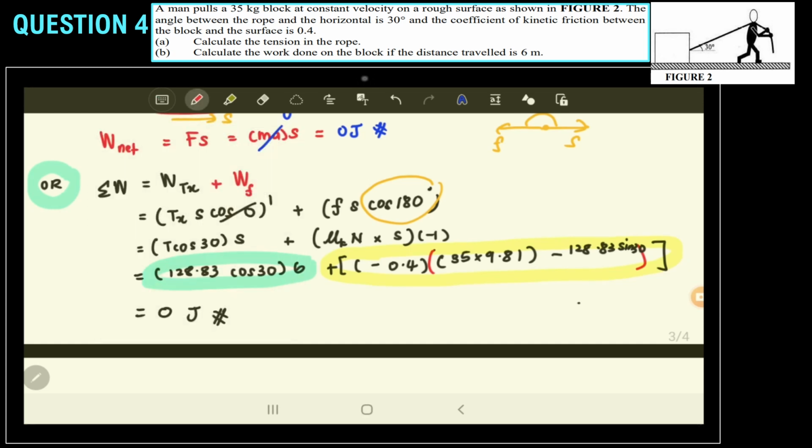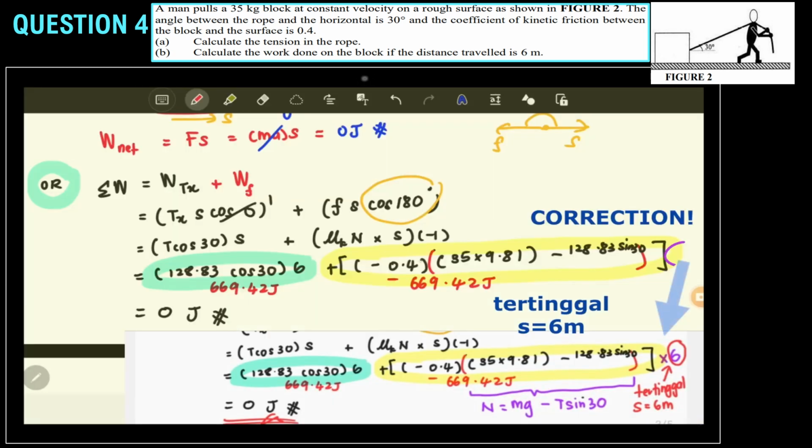Okay, so ini awak akan dapat, okay, 128.83 cos 30 times 6, you will get 669.42 joule, and here you're gonna have negative 669.42 joule as well. Okay, so bila positif tambah negatif, so akan jadi kosong. Okay, so finish question number 4.